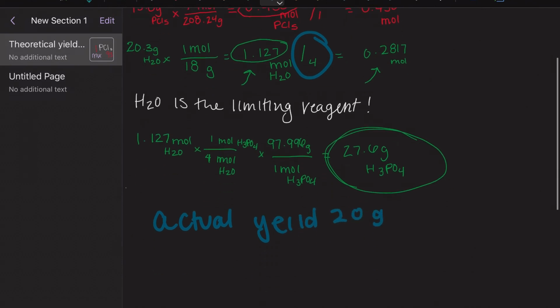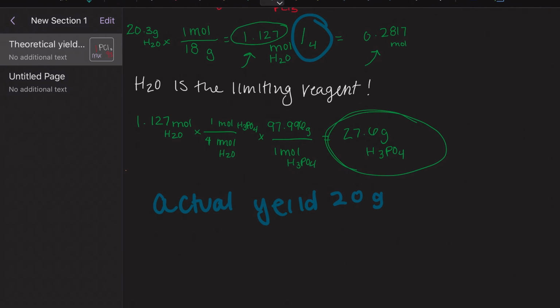Then all we would do is take 20 grams over 27.6 grams, then multiply that by 100 to find the percentage. And so that would equal 0.72 or 72%, which is not a bad percent as far as percent yield goes.